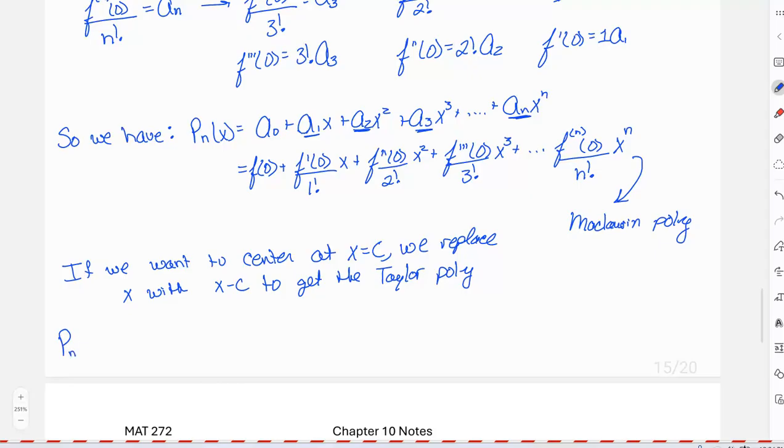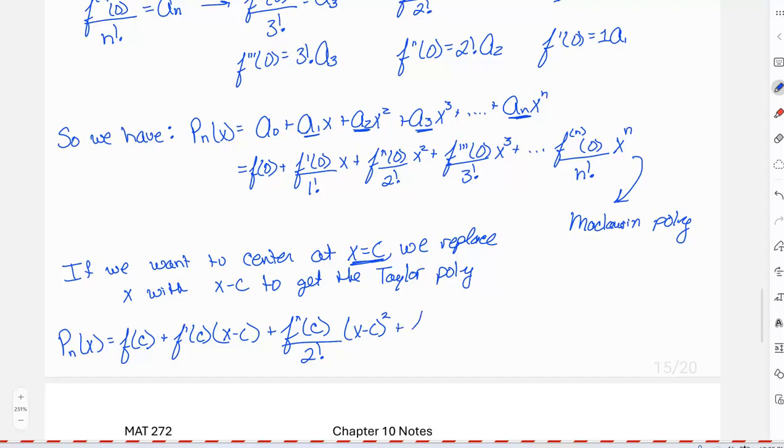So p sub n of x is going to be equal to f of c plus f prime of c, because we're looking at x equals c now, not x equals 0. I'm replacing this x with x minus c, plus f double prime of c over 2 factorial. I'm going to replace that x with x minus c.